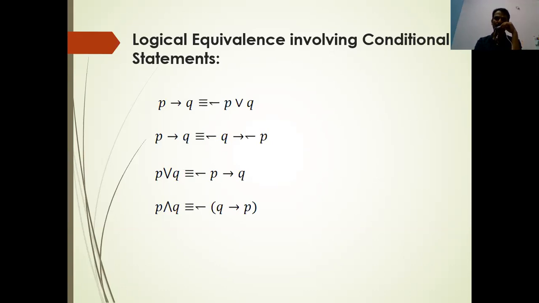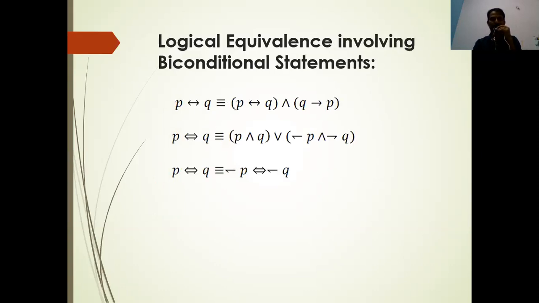Similarly, P implies Q is equivalent to negation of Q implies negation of P. P or Q is equal to negation of P implies Q. So these are some of the logical equivalences. Please try to check whether the conditional statements are equivalent or not using truth tables.